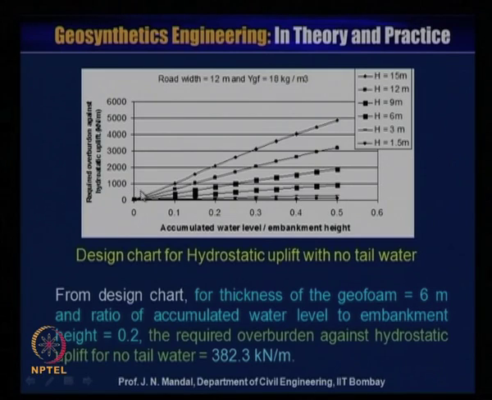So, you can have some value, the required overburden against the hydrostatic uplift for no tail water is about 382.3 kilonewton per meter. So, from this design chart you can calculate the required overburden against hydrostatic uplift with no tail water.